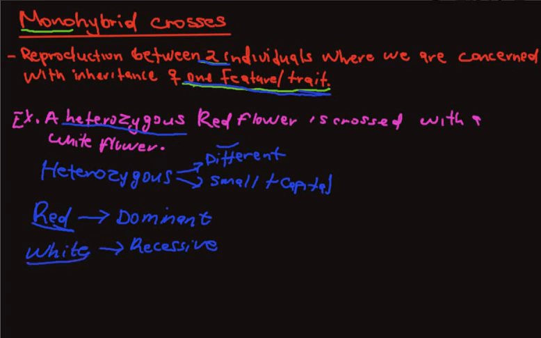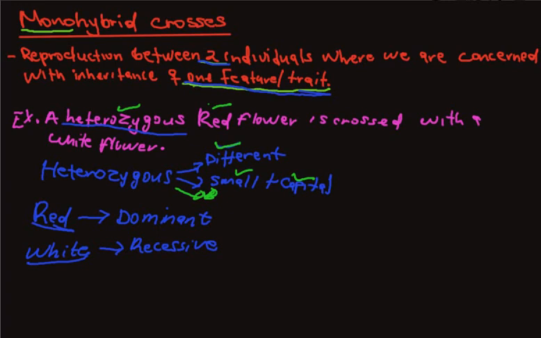Because in the case of heterozygous, they said heterozygous, they said red. What does heterozygous mean? Heterozygous means different. But what does different mean in the context of genetics? It means there will be a small letter and a capital letter, meaning both a dominant and a recessive allele. That means it includes both.